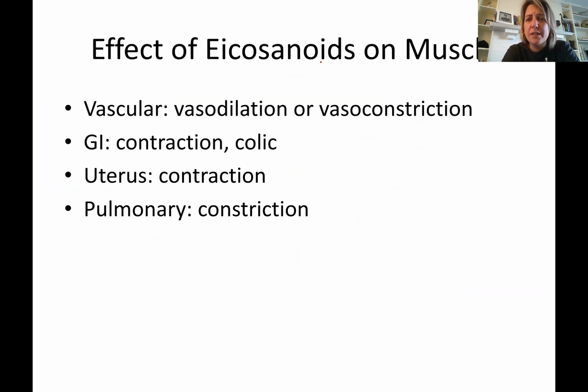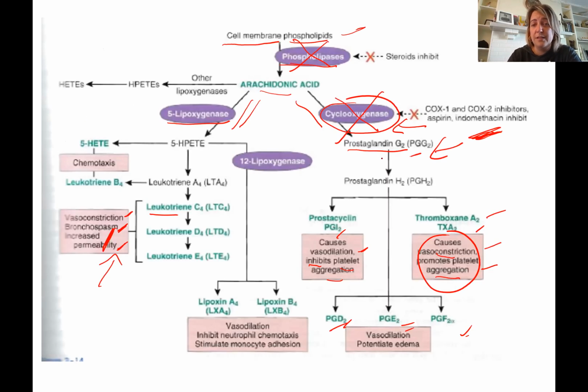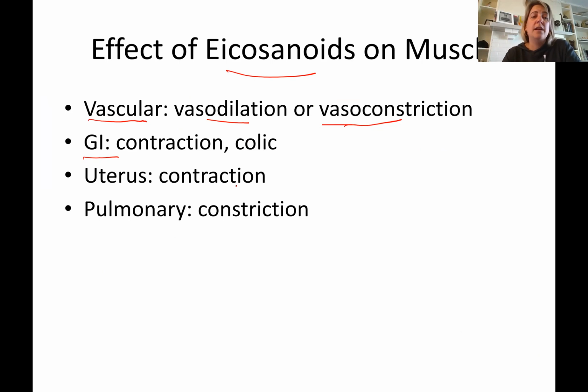So the eicosanoids are going to have effects in different areas of the body. In the musculature of the vessels, they're going to cause either vasodilation or vasoconstriction. In the GI tract, they may cause, eicosanoids are what I've talked about, mediators, prostaglandins, etc. They are going to cause contraction.